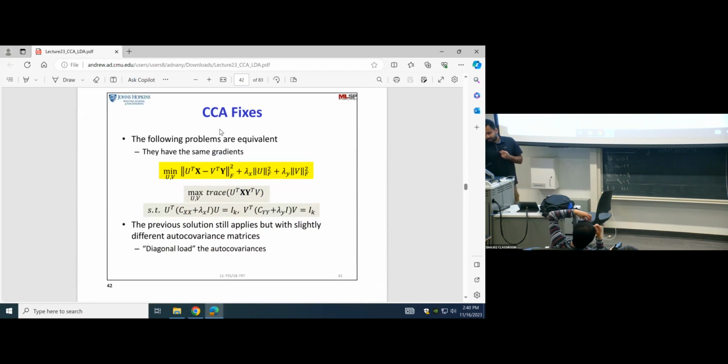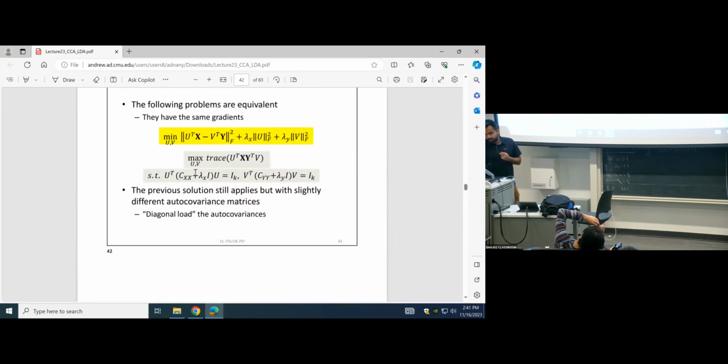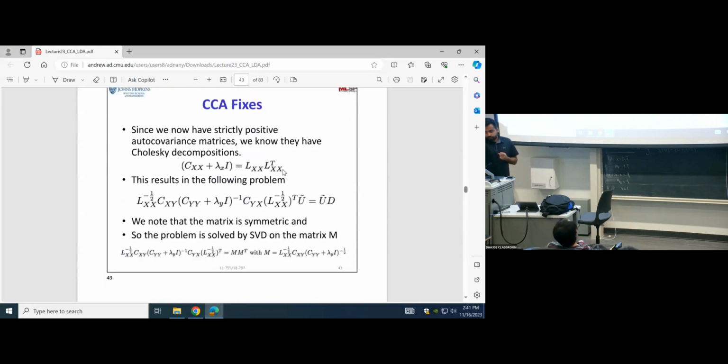Obviously there can be some invertibility issues, like if the diagonals are 0. So you can diagonally load this. That's what this is. For the auto-covariances, you can add identity with some non-one value. And then, do people know Cholesky decomposition?